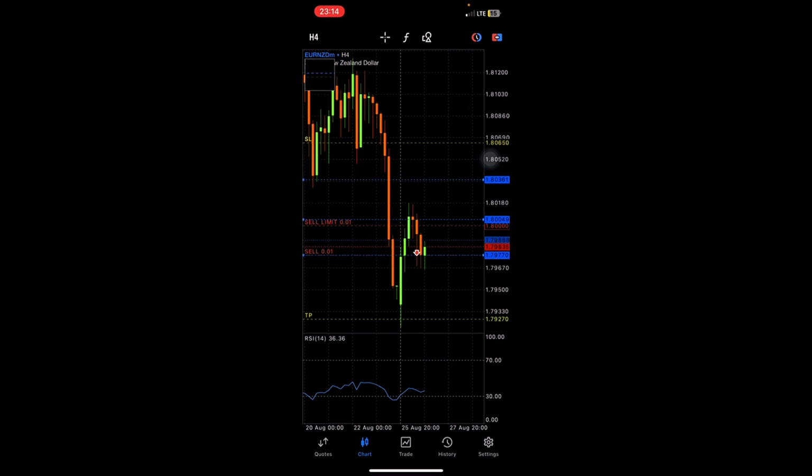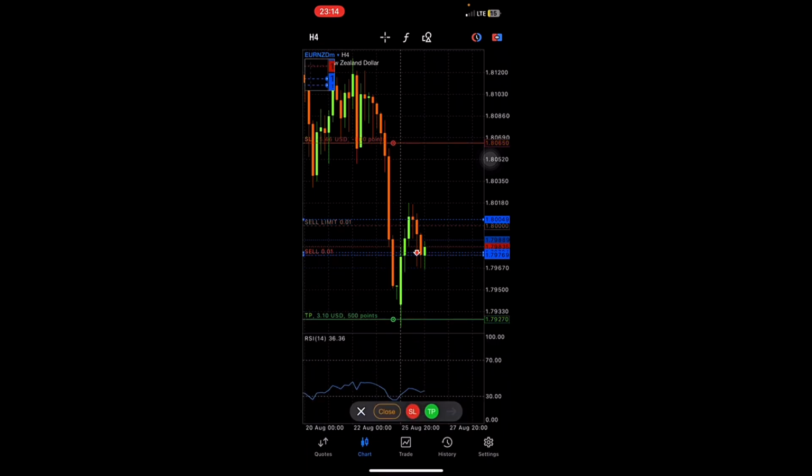Now let's use the USD signal. When the USD signal comes, it came with sell USD at 1.7977 to 1.8005. So what I want you to do is take this line and move it all the way to 1.7977 right there.